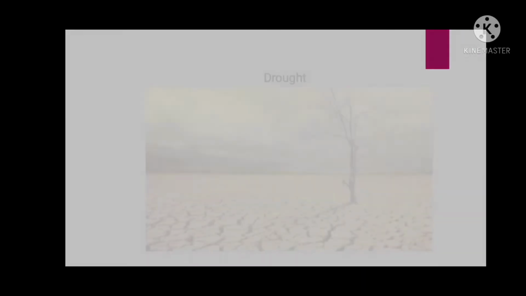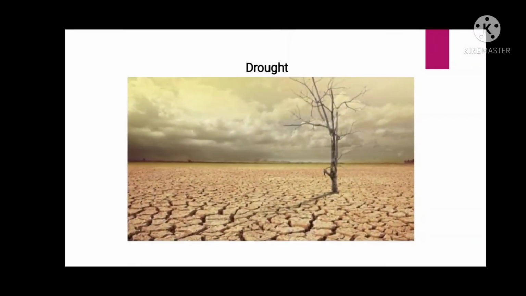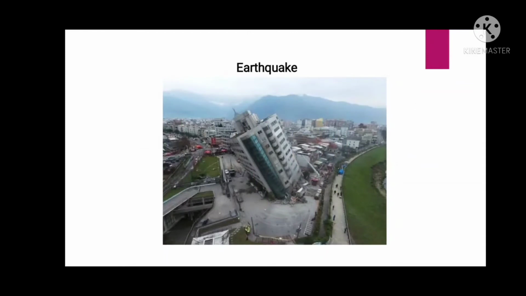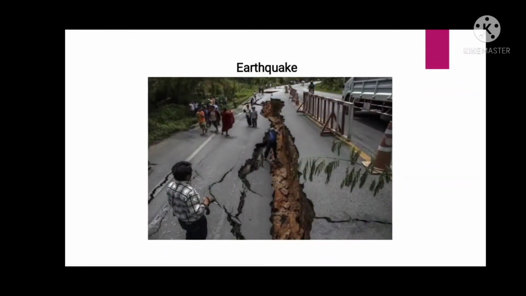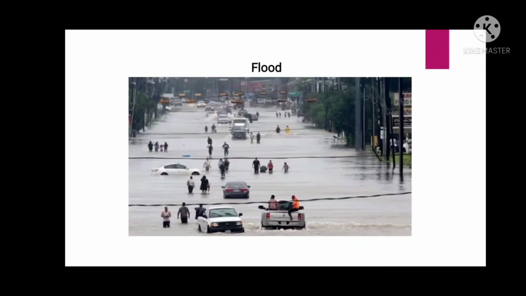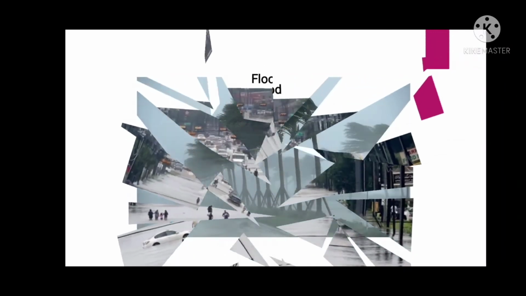You can see here that the land is becoming a desert. Moving to earthquake, it is a sudden movement of the earth's surface, shaking of the ground. Moving to flood, which is inundation, of course, caused by overflowing of water.